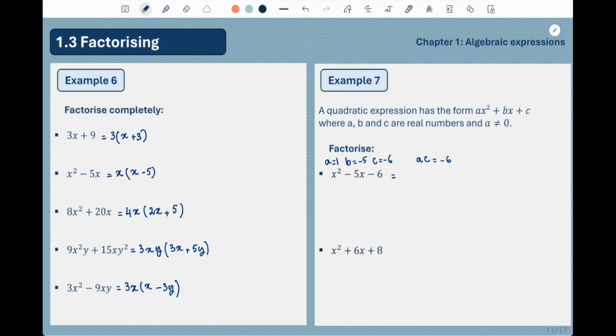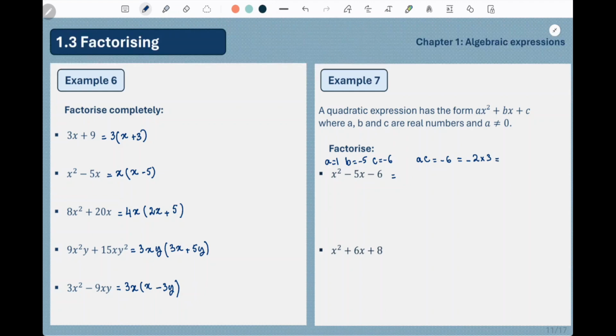So I can think of two numbers, easy, 2 times 3, and because we have this sign, it should be minus 2 times 3 or minus 3 times 2. So let me check if they add up to minus 5. 3 minus 2 is 1, and even if you flip the sign, it's going to give you just the opposite. So minus 3 plus 2 is minus 1. So this is not the one that we're looking for.